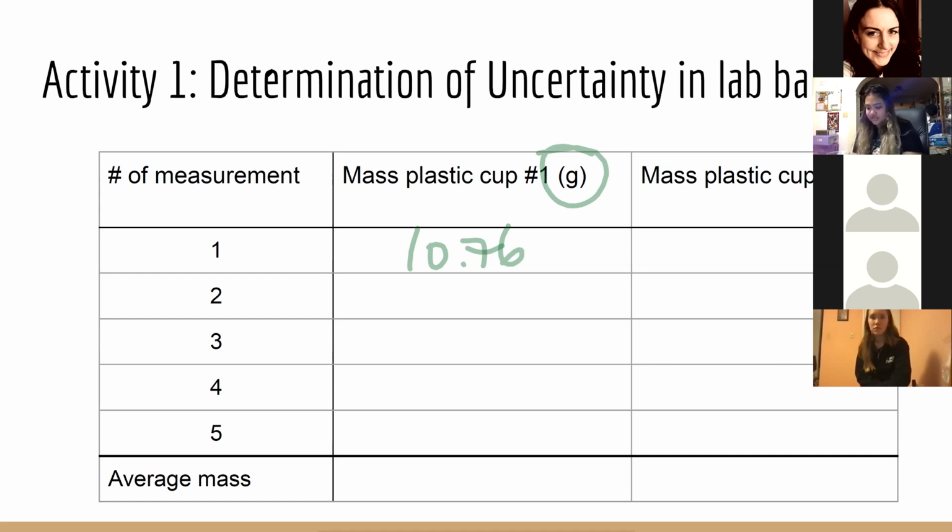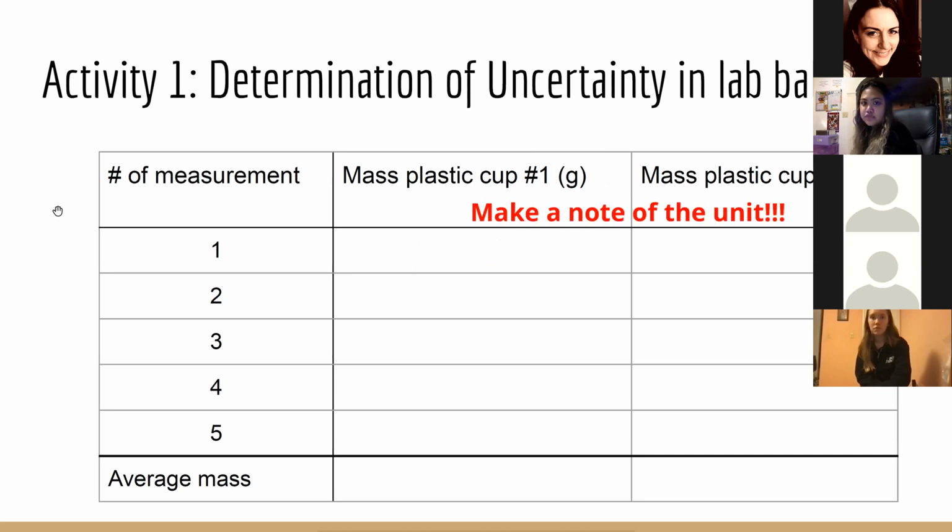So it's easier just to put the units at the top. That way you don't have to keep putting it in every time. But you have to have a unit in there, because I will scold and point my finger and give you marks off if you don't. Just saying, make a note of the unit.